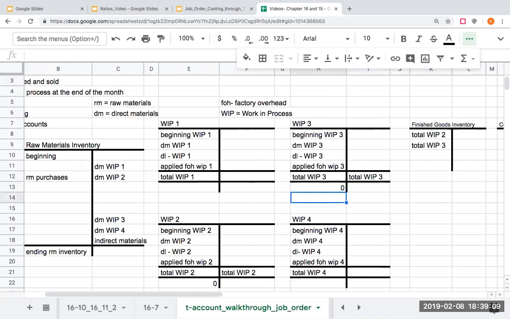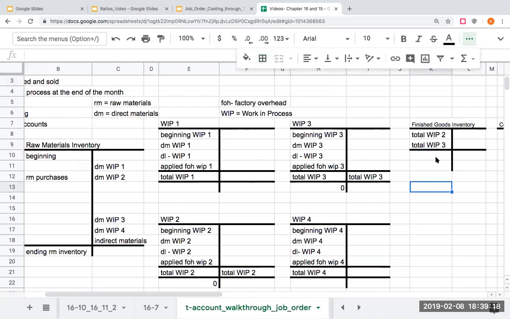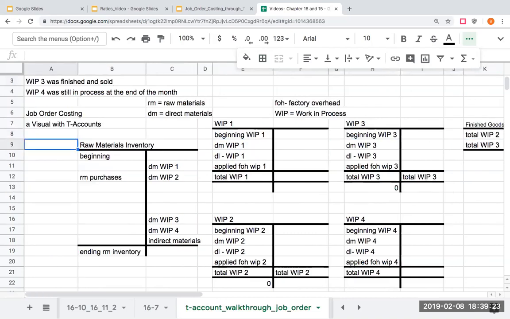This now has a balance of 0. Now, when it comes over here to my finished goods inventory, I say to myself, okay, my total finished goods is WIP 2 and WIP 3.